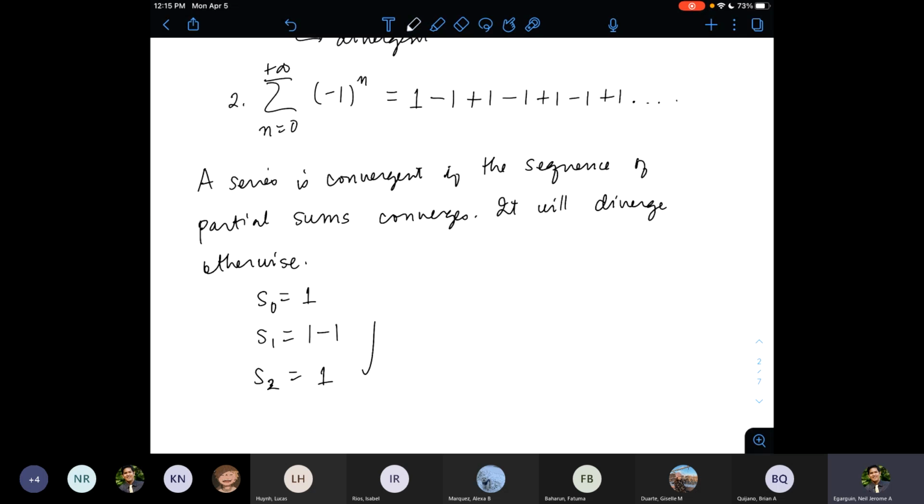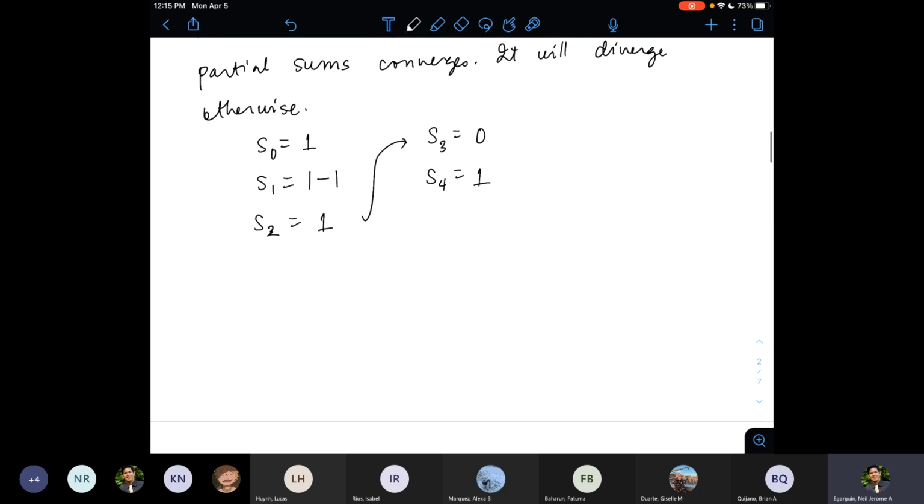It would be 1. The fourth partial sum, S3, would be the sum of the first four terms. So that would be 0. S4 would be the sum from 0 until 4. So I'll have 1 minus 1 plus 1 minus 1 plus 1. So that would be positive 1, and so on.